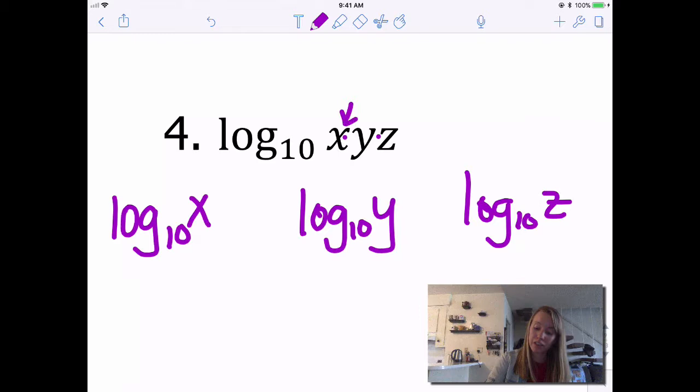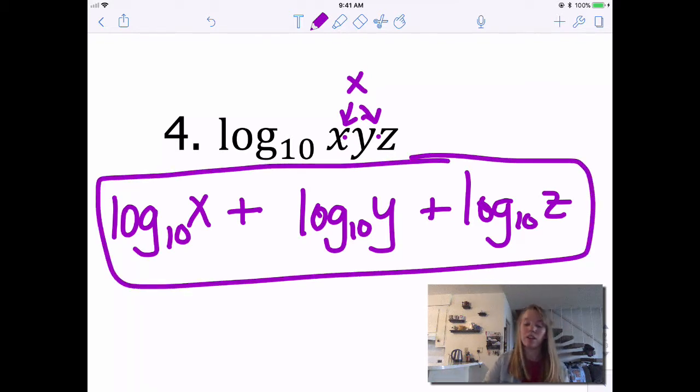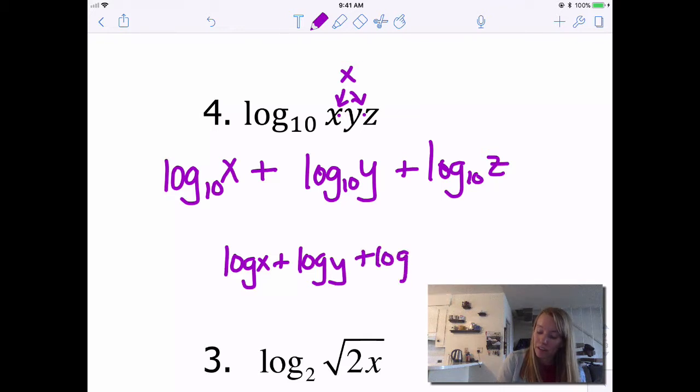Since each of these is multiplying, I'm going to put adding in between, because multiplying goes with adding. So I've got log x plus log y plus log z. Remember that technically 10 is a common log, so if you would rather write log x plus log y plus log z, that's fine with me too.